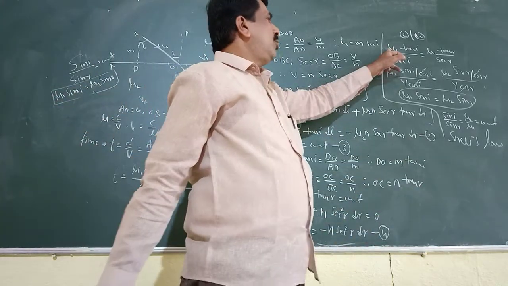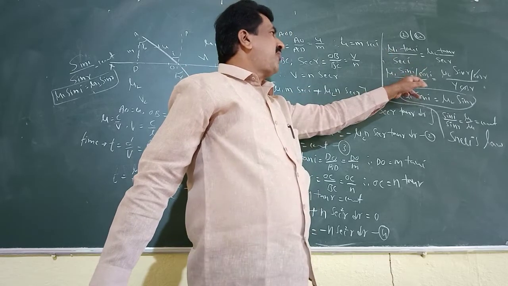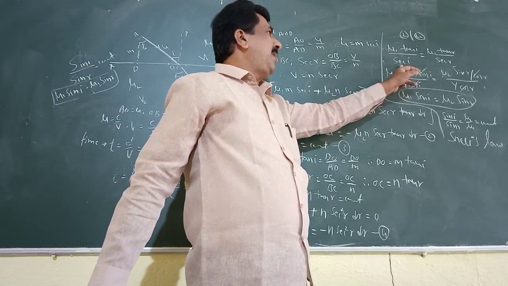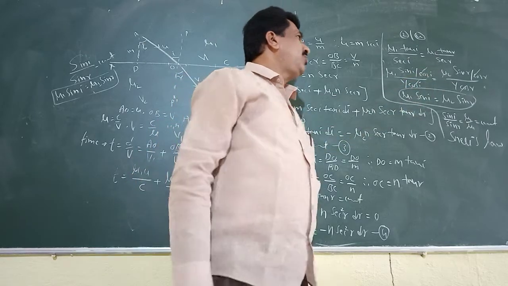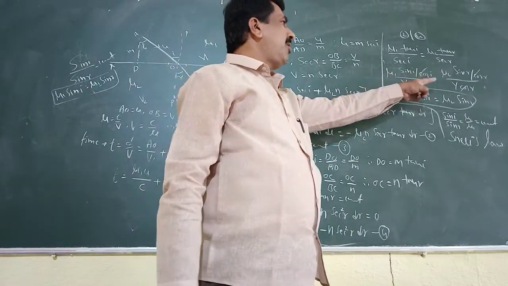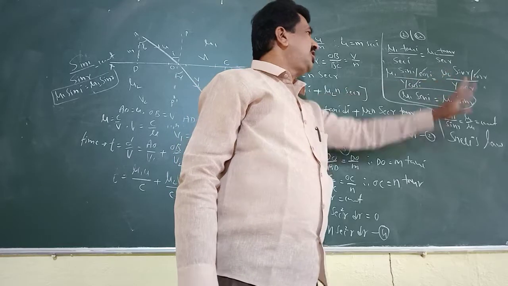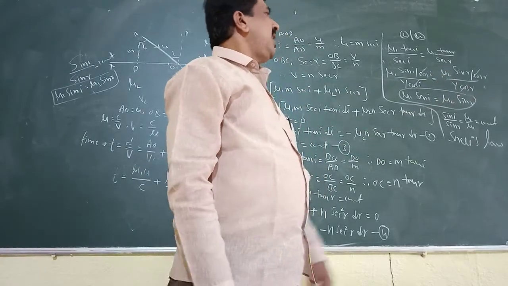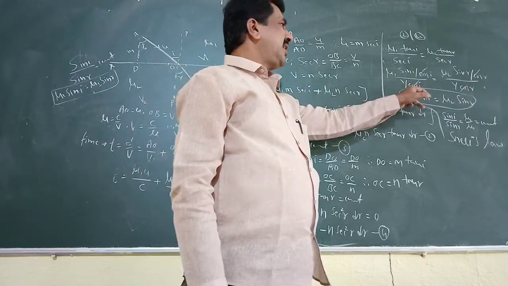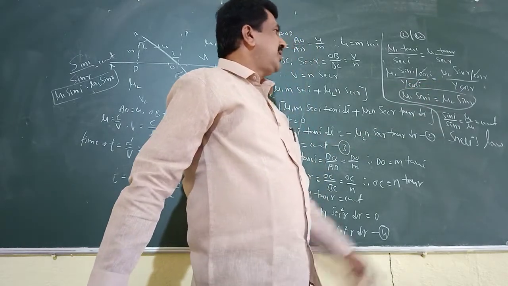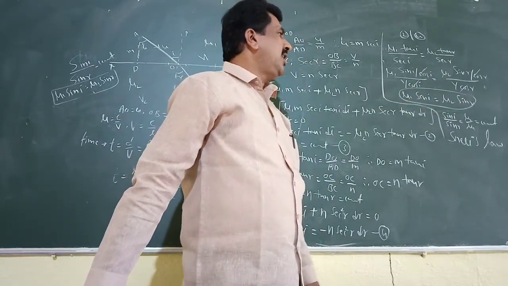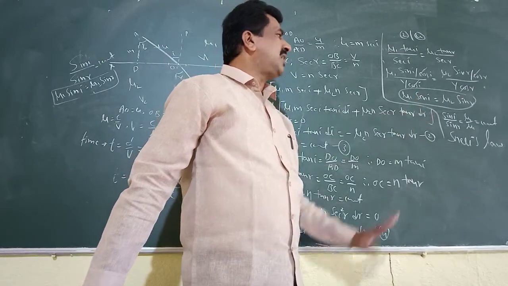Now mu1 into tan I, which is sin I divided by cos I, divided by sec I, which is 1 by cos I, is equal to mu2 into tan r, which is sin r divided by cos r, whole divided by sec r, which is 1 divided by cos r. On the left side cos I cancels, and on the right side cos r and cos r cancel. Then we get mu1 sin I is equal to mu2 sin r.